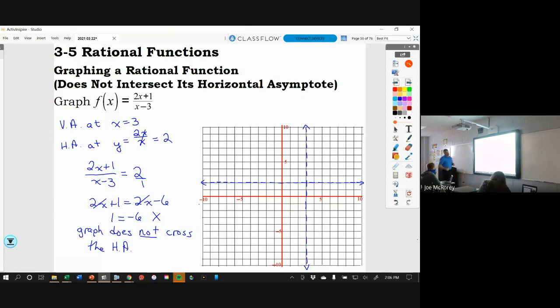Do we have any x-intercepts? Let's do the y-intercept first. What is f of 0? 1 over negative 3. Negative 1/3. So 0, negative 1/3.